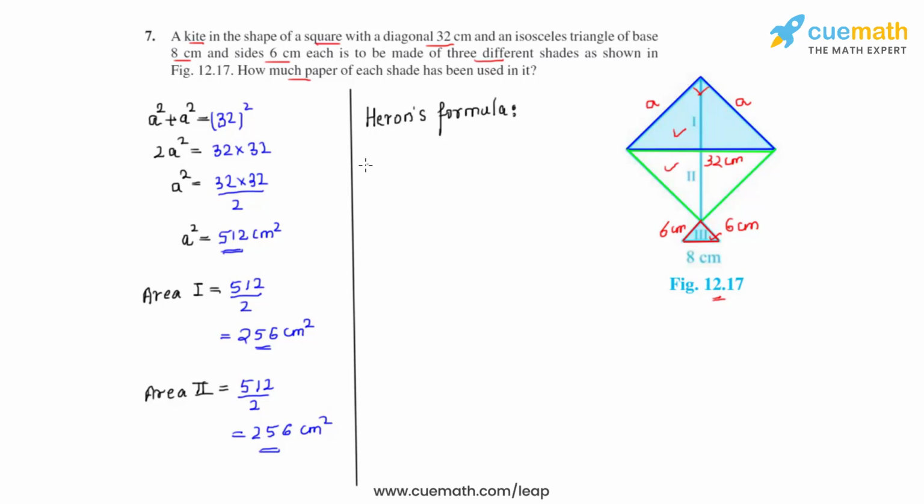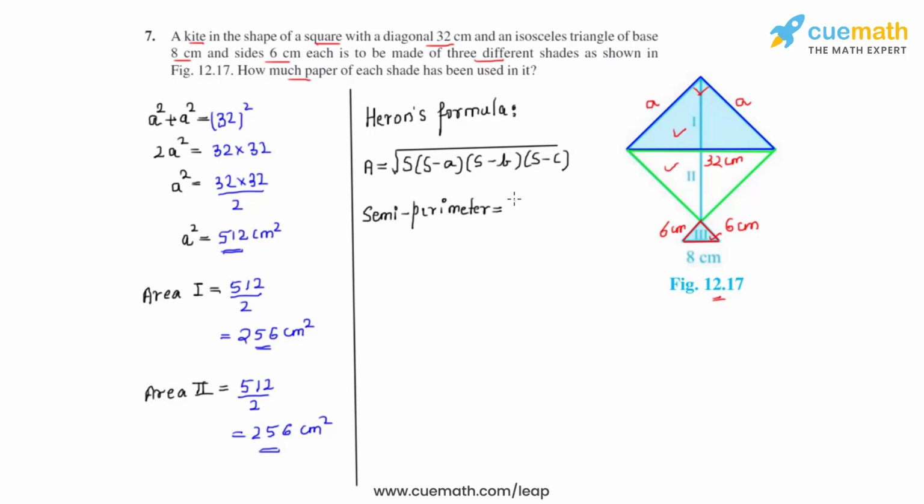Heron's formula says area A for any given triangle equals under root s times s minus a times s minus b times s minus c, where s is the semiperimeter while a, b, c are the 3 side lengths of a given triangle. So we will have to find the semiperimeter first, which can be found by adding up the 3 side lengths and dividing it by 2.